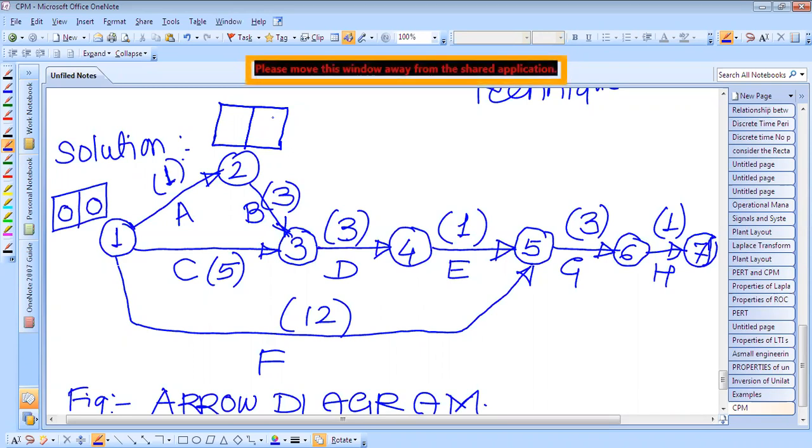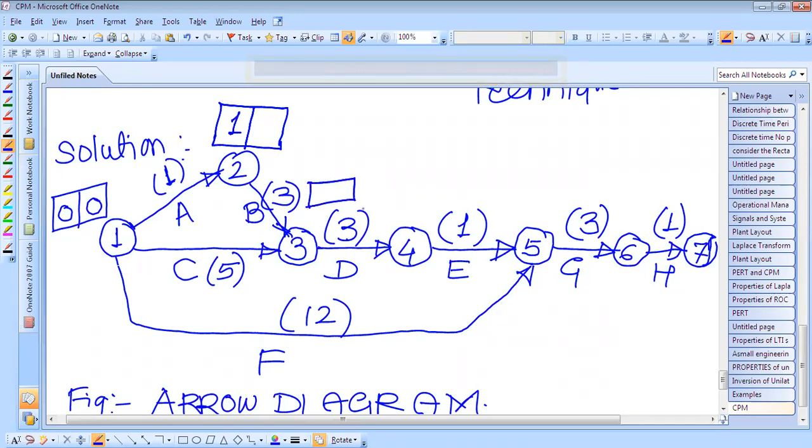It is 1. The duration of that activity is 1, and the EST of event 1 is 0. So how much is the EST for that activity? It is 1. Similarly, we can write for the other activities.